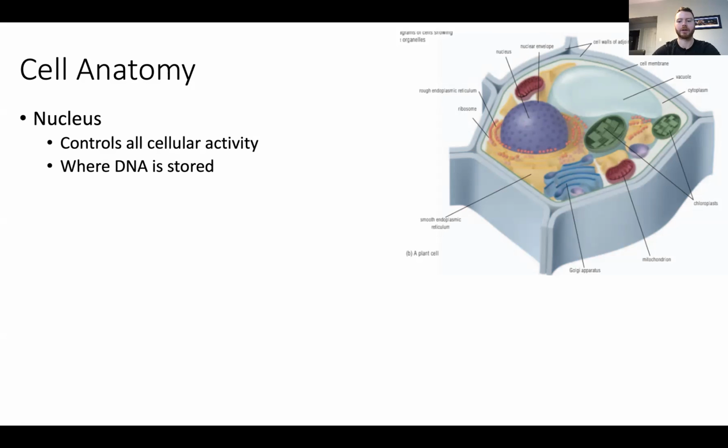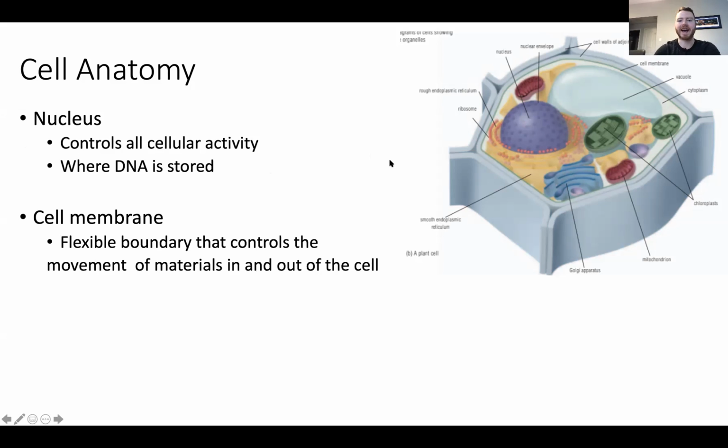So the color of your hair, the color of your eyes, etc., is all coded in your own personal DNA. DNA is unique to each individual. Even identical twins have some differences in their DNA, although the majority of it is similar. So that's a big one. The nucleus controls the cell, and this is where DNA is stored.